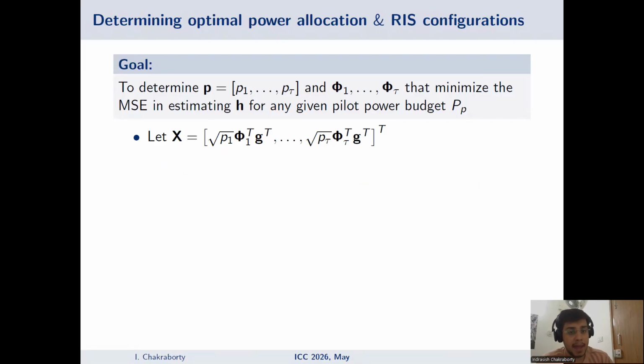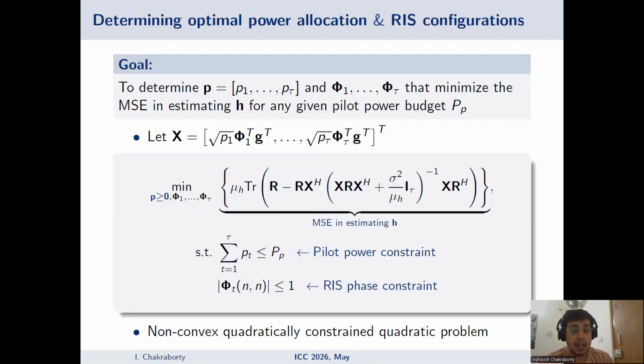We define this term X, which involves the pilot powers, RIS configurations during training, and the RIS to AP channel. And now we give our optimization problem where we minimize the mean square error in estimating the user to RIS channel, subject to the pilot power positivity constraint, the pilot power constraint, and the RIS phase constraint.